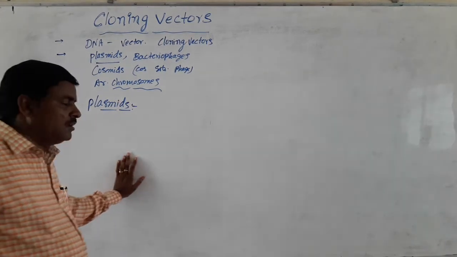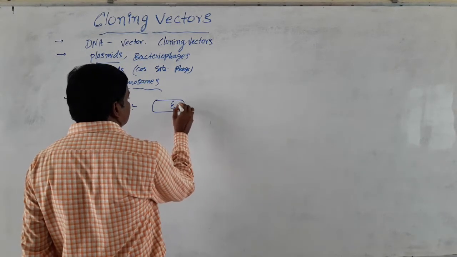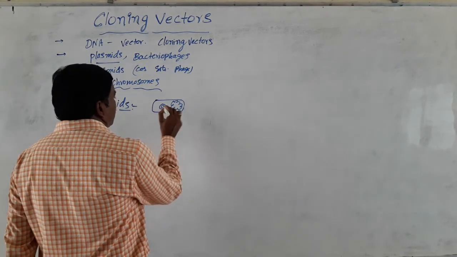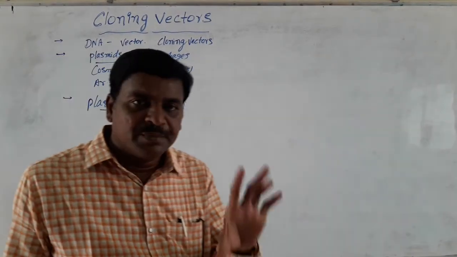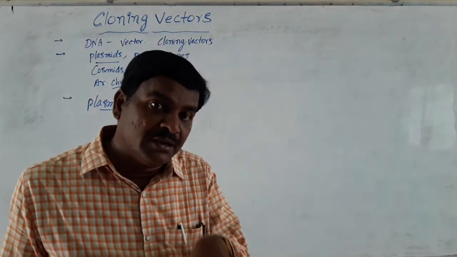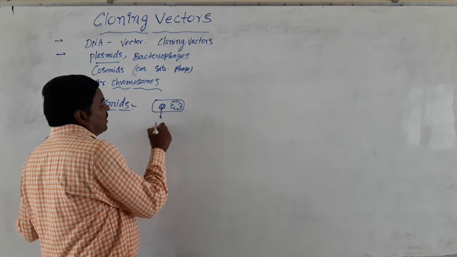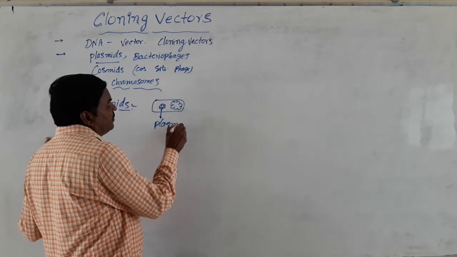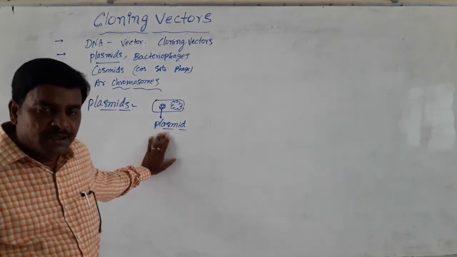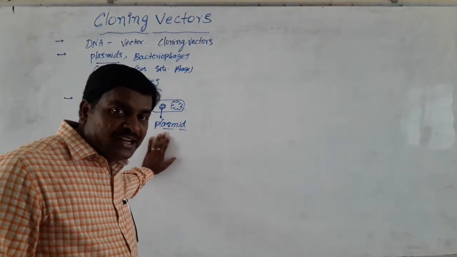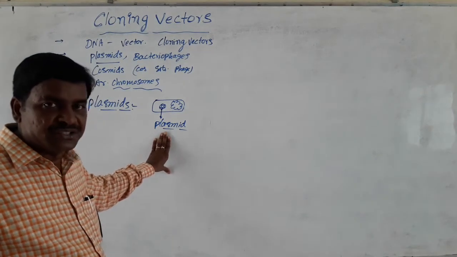But what are plasmids? For example, this is a bacterial cell and this is the nucleoid. Bacterial cells also contain some additional extra segments of self-duplicating DNA molecules. These circular extra segments of self-duplicating DNA fragments present outside the nucleoid, that is in the cytosol, are called plasmids.